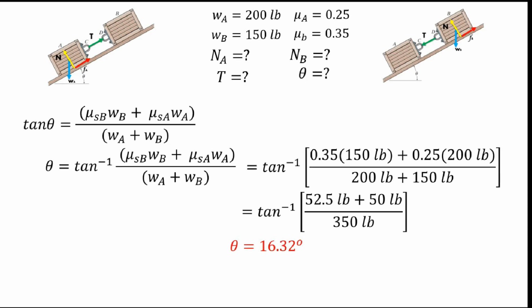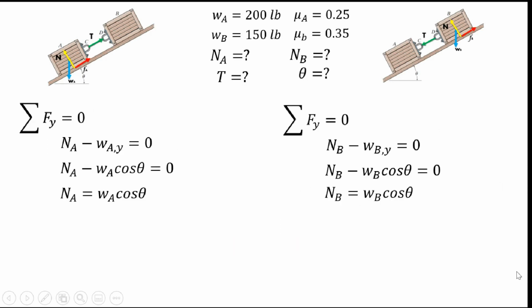If you want to determine the tension of the string in this problem, first you have to identify the normal force of A and the normal force of B. So let's try to find this one. This is the equation from previously. NA is equal to weight of A cos theta. So that will be 200 pound cosine 16.32, which is our answer.